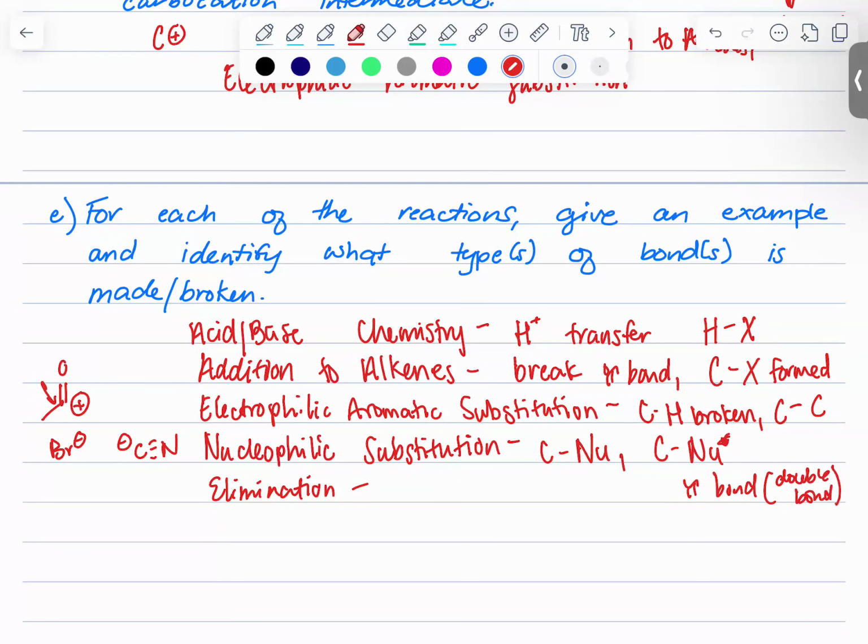But what do we have to break in order to form it? Exactly. So we'll have that carbon-nucleophile bond, and usually it's a CH bond as well.